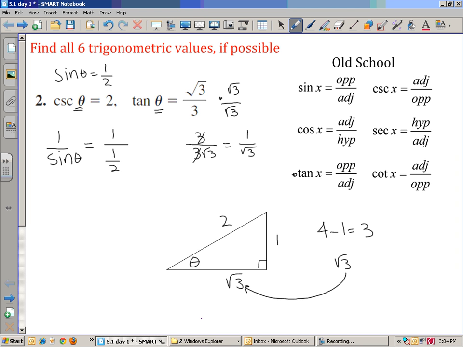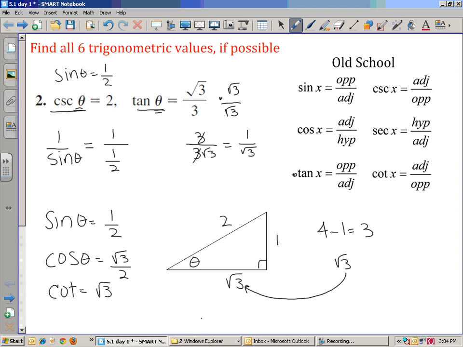Okay, so now I want to find all 6 of the remaining values if I can. Keep in mind I have cosecant and tangent. So now I look at the sine and I get 1/2. I can look at cosine and I get square root of 3 over 2. Cotangent is just going to be the tangent flipped.